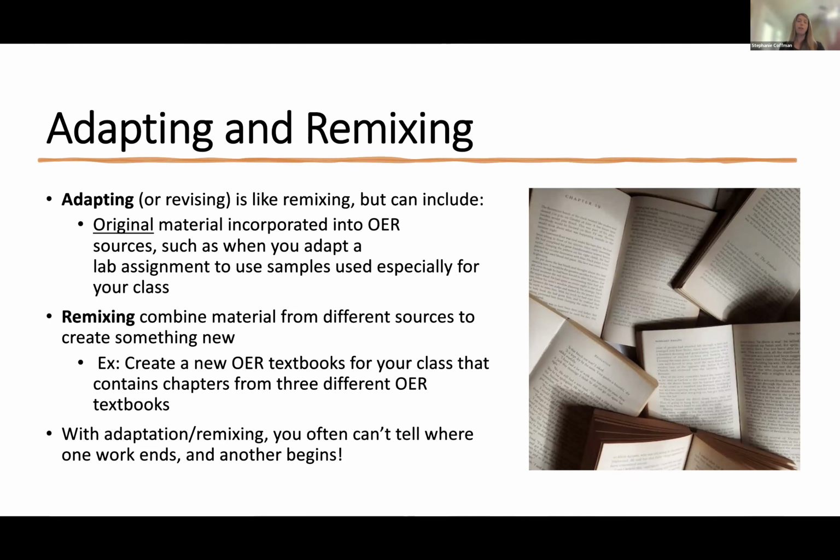You could actually take what you like about the first book and what you like about the second book and what you like about the third book and put them together into a new book. And so that's what we would call remixing, putting together many different OERs. And in honesty, when you start to do this, you might end up doing both of these things. When you start remixing things, you also end up adapting them, right? Because you want it to be one cohesive work in the end.